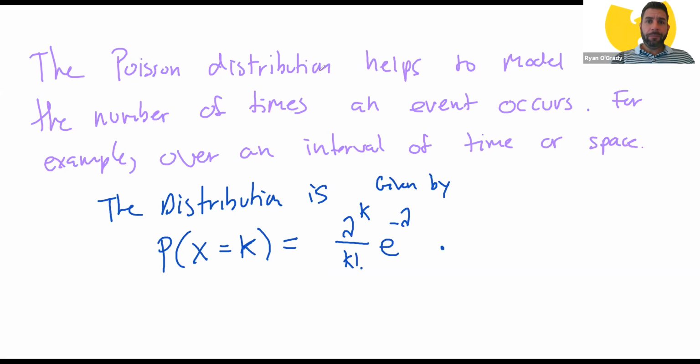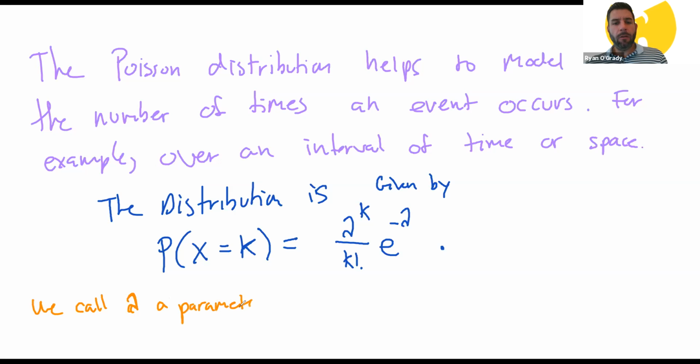So this looks scary. So let's explain some of these things that you might be unfamiliar with. We call this Greek letter lambda a parameter. E is the constant.